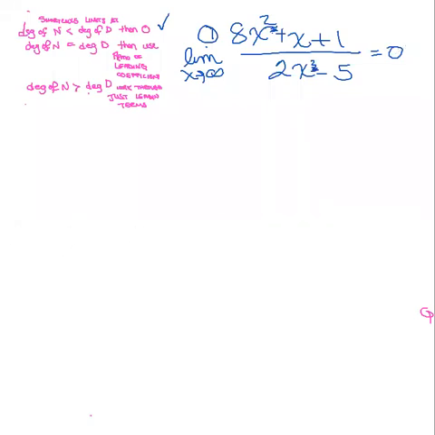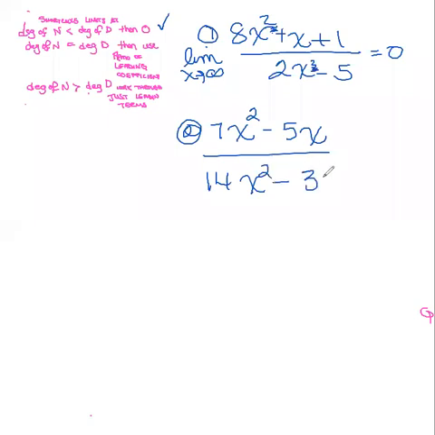So let me take you through another example. Say I have 7x squared minus 5x all over, actually, let's make it 14x down here. 14x squared minus 3x.